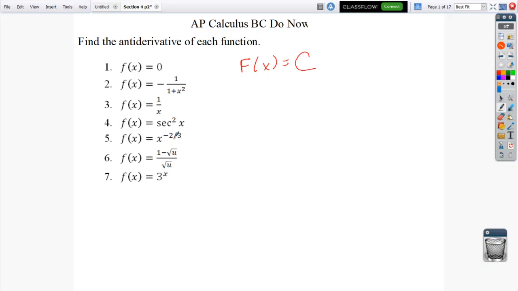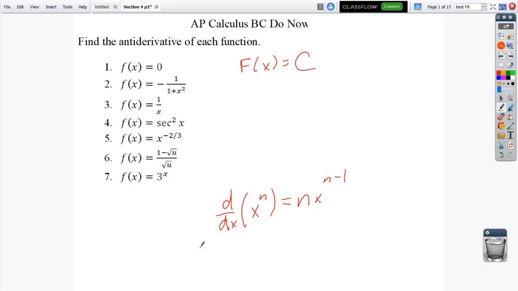anti-differentiating with power rules. So I'm just going to do a little bit of scratch work here to help us out on number 5. If we're talking about the derivative of x to the nth, we have n x to the n minus 1. So we multiply by our old exponent and subtract one from our old exponent to get our new exponent.